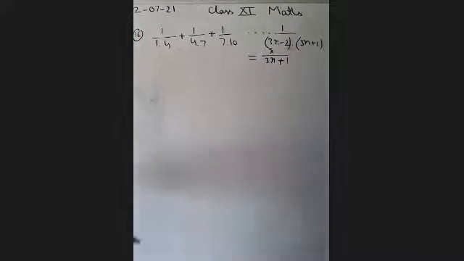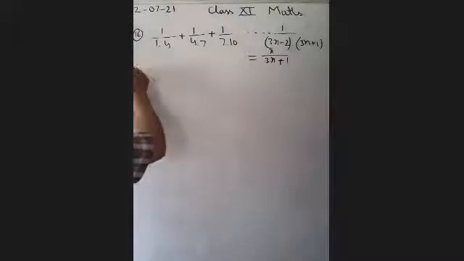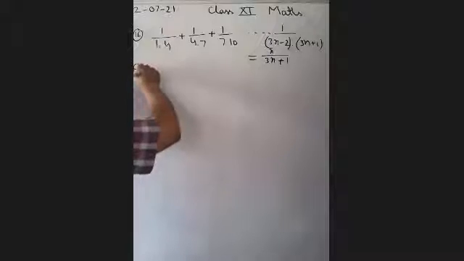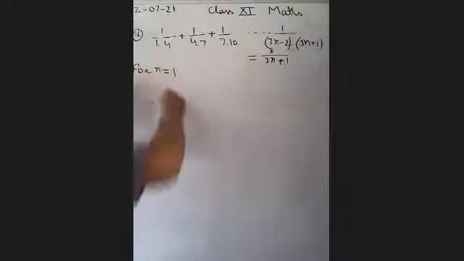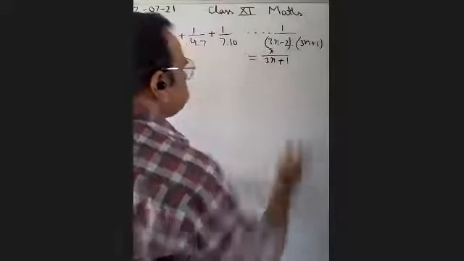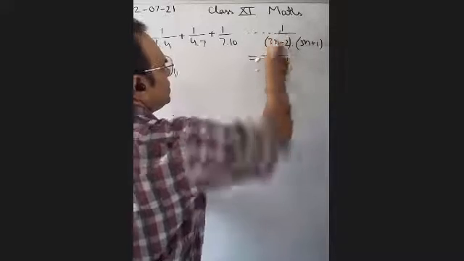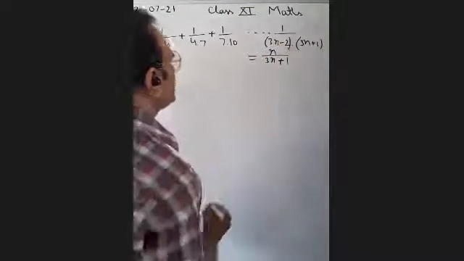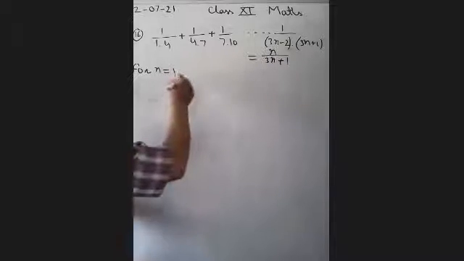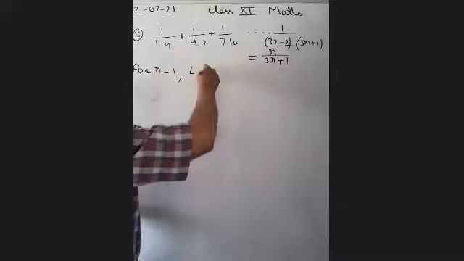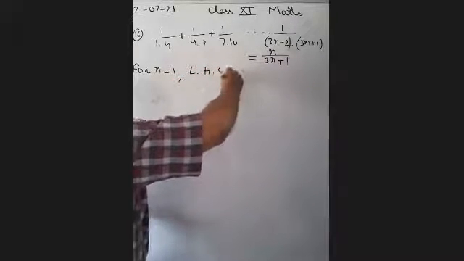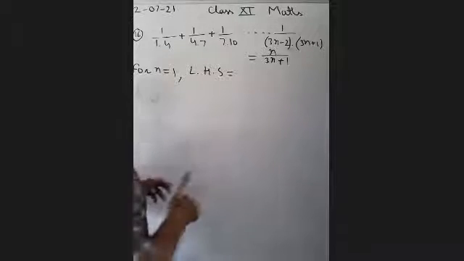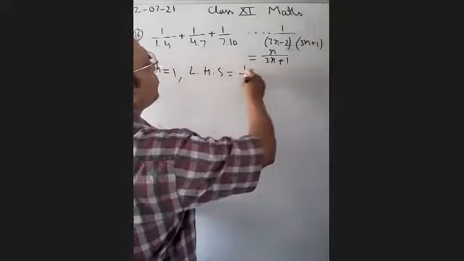So we have to prove, so for n is equal to 1, first of all, we are checking for n is equal to 1. This is n upon 3n plus 1. So left hand side में, if you observe that it is equal to 1 upon 1 into 4, यानी कि 1 upon 4.